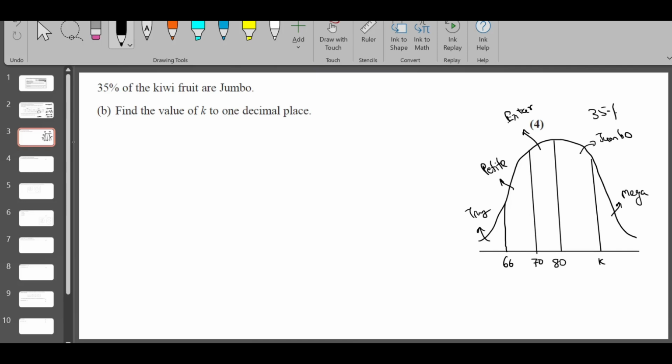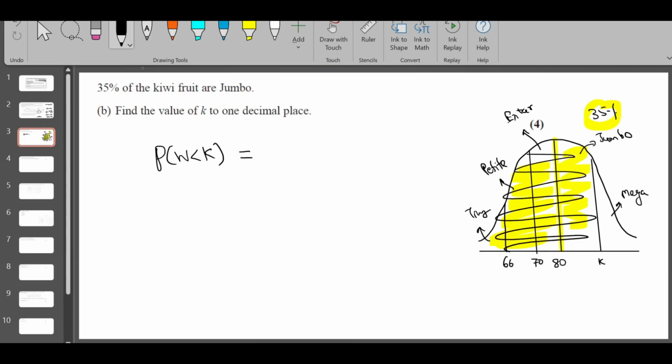So we know definitely, since the curve is symmetrical about the middle line, this is definitely 50%, right? And this one is 35%. So we can write P of W is less than K is equal to, that means everything on the left hand side of K is 85, 50 plus 35 is 85%. Correct? And using that we can find the value of K.